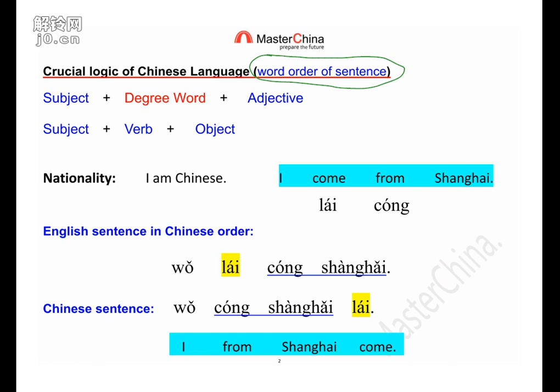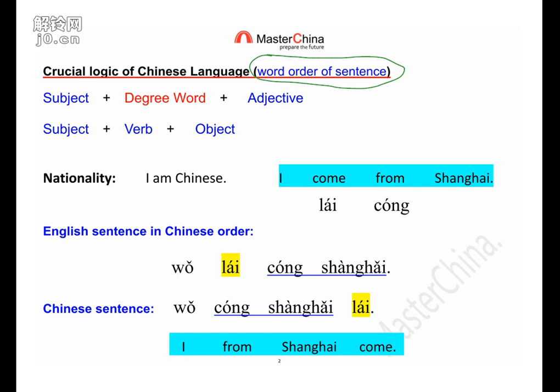Of course, when you give comment, you need to add the degree word. But sometimes we will see some Chinese sentence and English sentence not exactly same order. Look at this example.